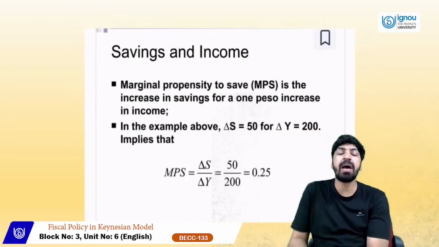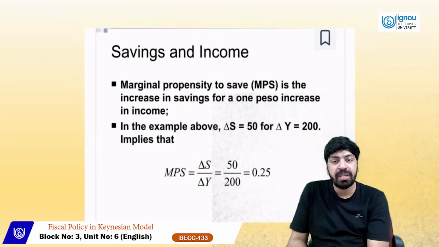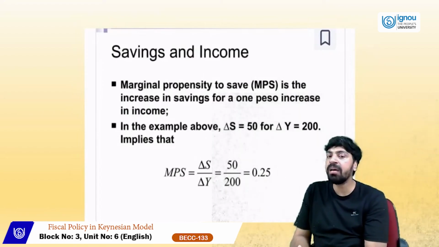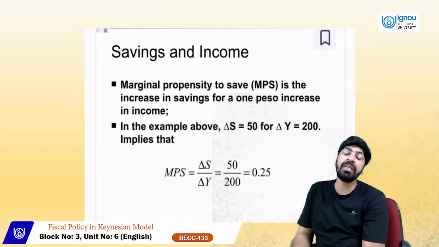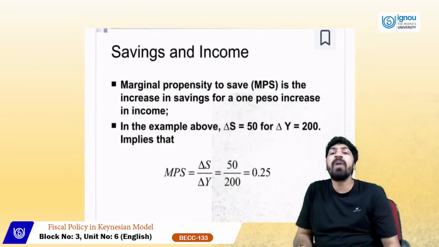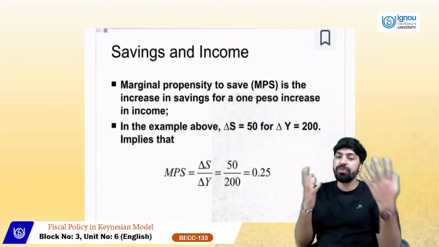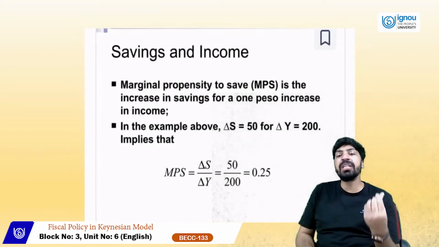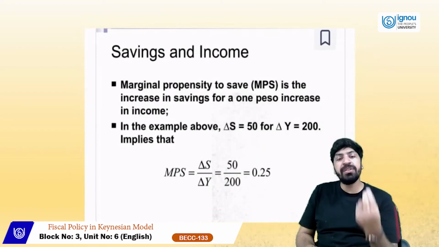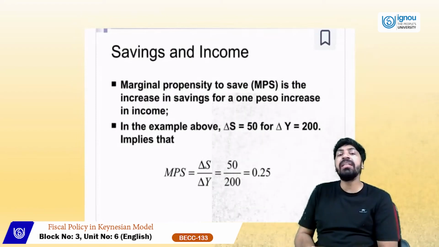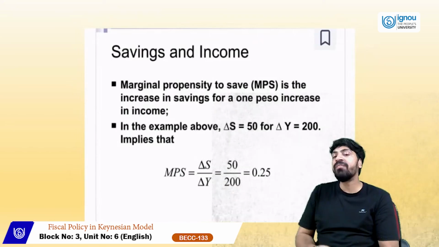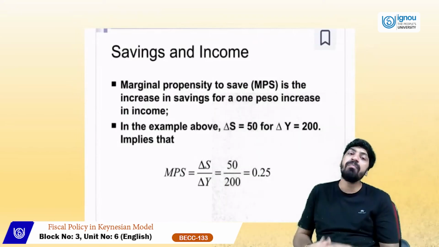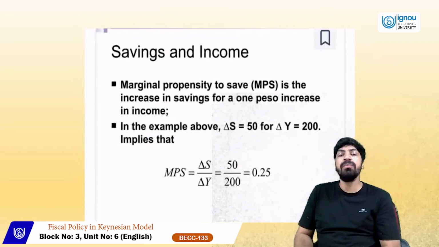So this is the marginal propensity to save. It means if there is any increase in income, there should automatically be an increase in saving, for 1 rupee or 2 rupees or 5 rupees. If there is a change in income by 1 rupee, there should be an increase in savings, and that's called marginal propensity to save.